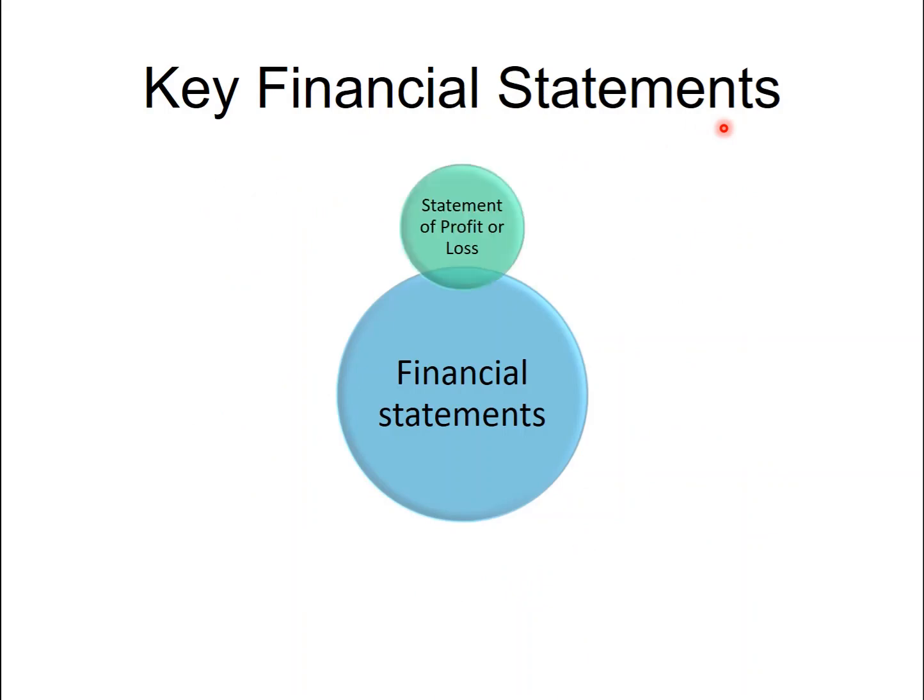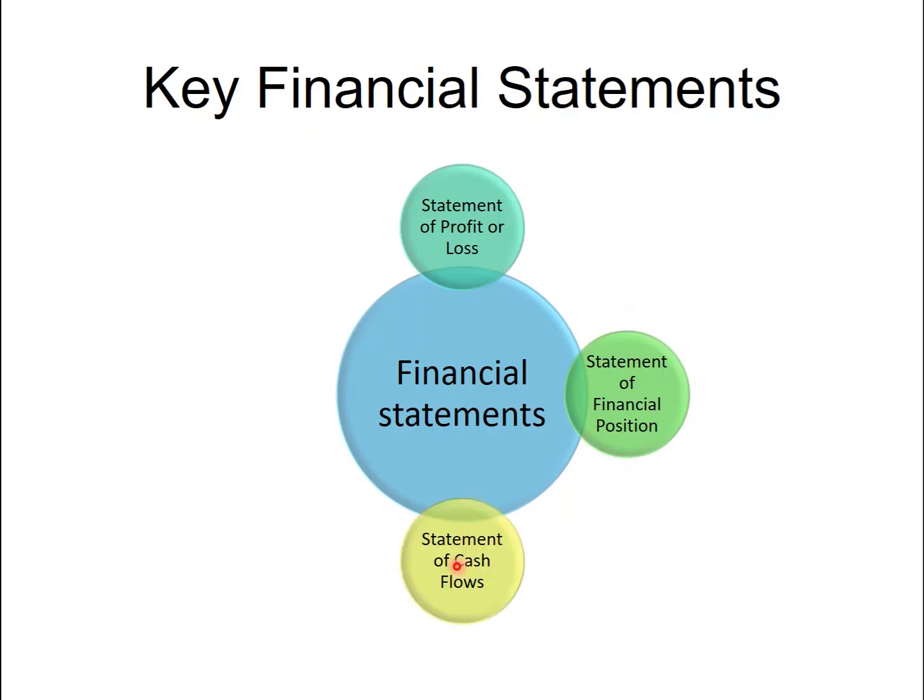Key financial statements. The first one is statement of profit or loss, statement of financial position, statement of cash flows, and statement of changes in equity. For this topic, we only focus on two statements, which are statement of profit or loss and statement of financial position.